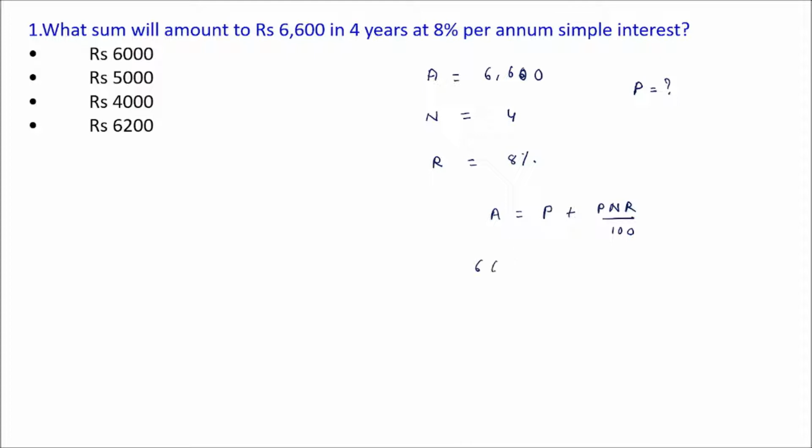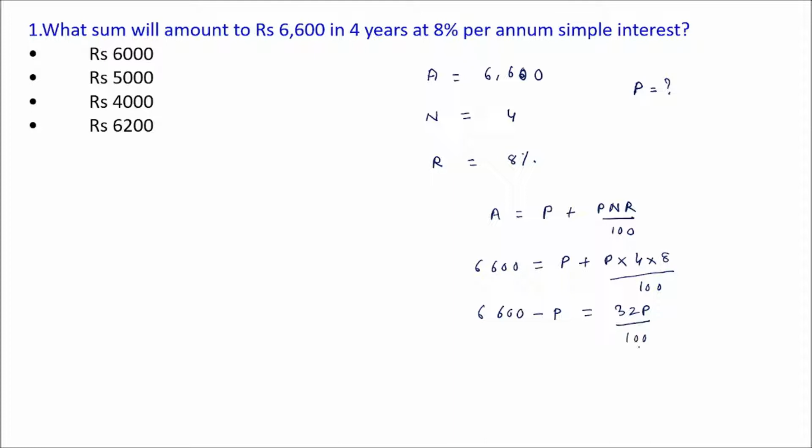So 6,600. So P is to be calculated. So P into N is 4, rate is 8 upon 100. So let us take P on the left hand side here. 6,600 minus P is equal to 32P upon 100.